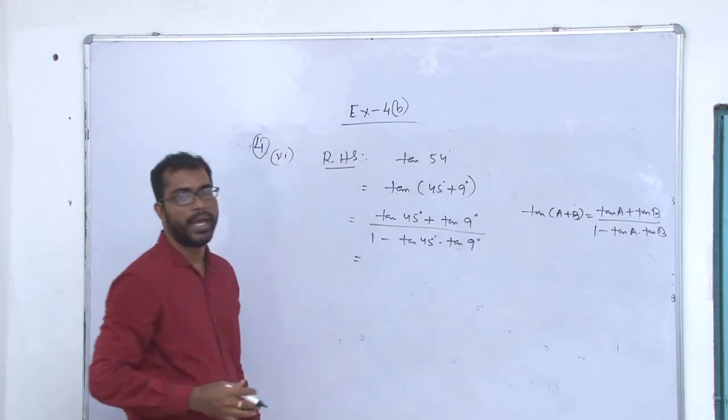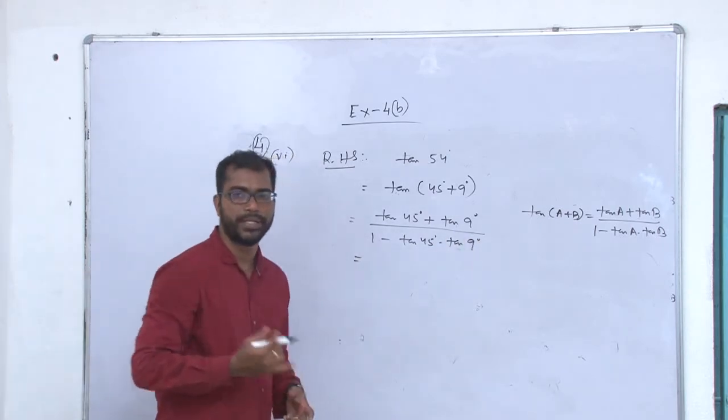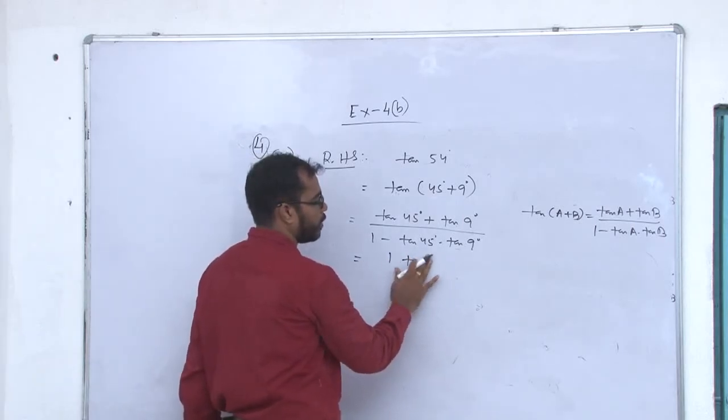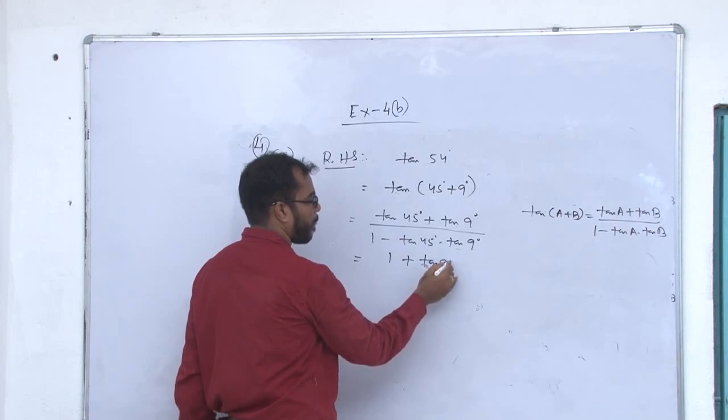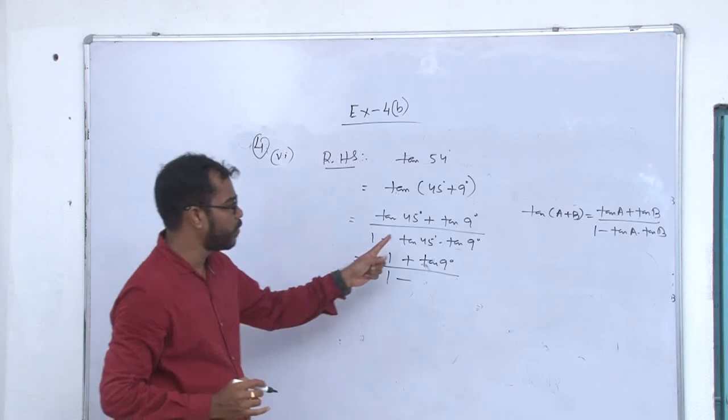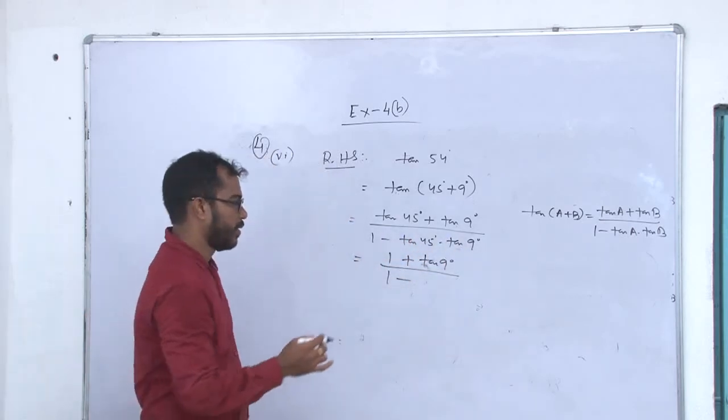As you know, the value of tan 45 degrees is 1. So we can write 1 plus tan 9 by 1 minus tan 9.